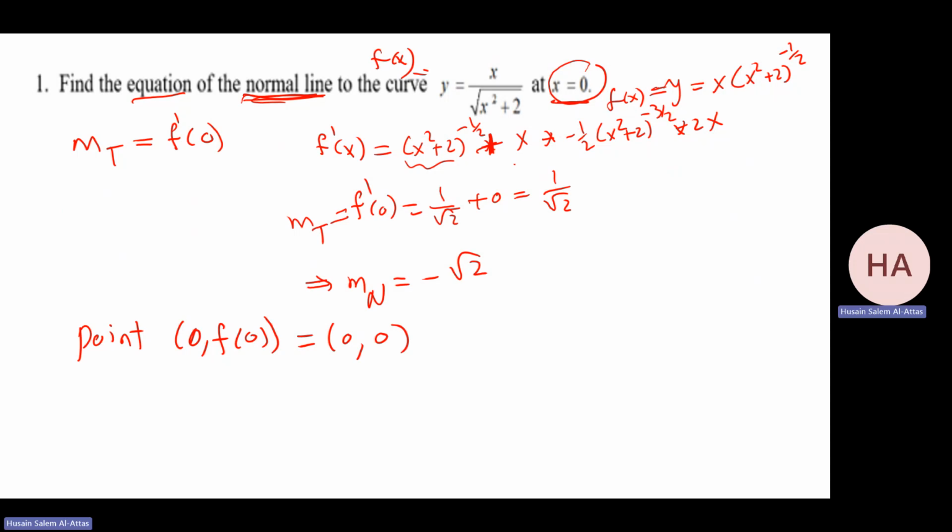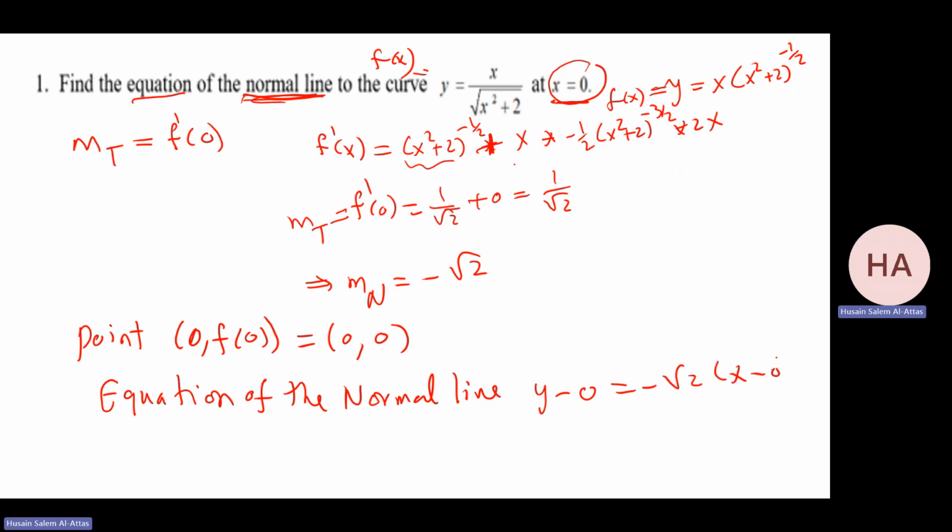Substitute, you get 0. So it will be the equation of the normal line. This is what we are looking for. It will be y minus 0 equals minus square root of 2 times x minus 0. In other words, y equal minus root 2 x.